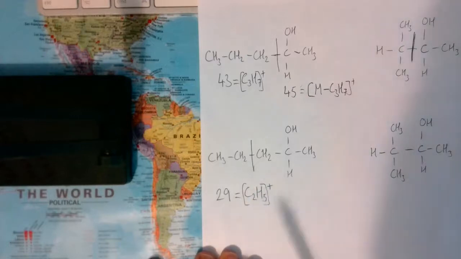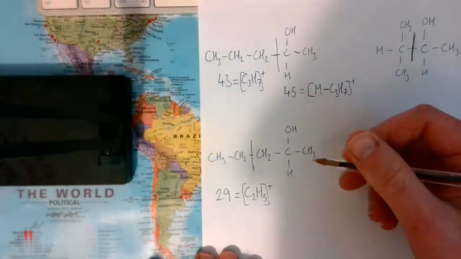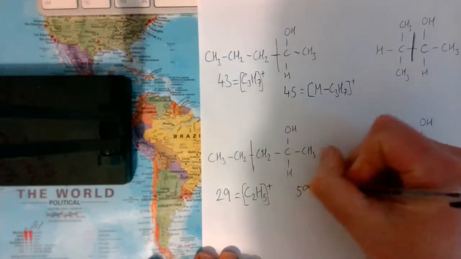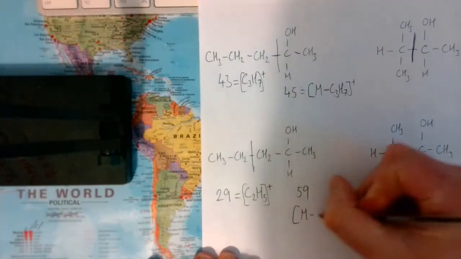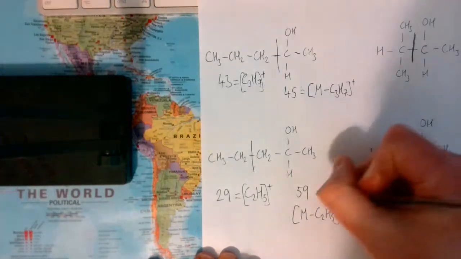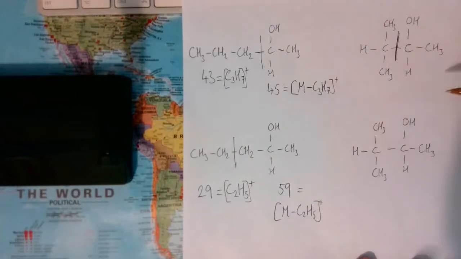So for the pentan-2-ol, you could get a peak at 29, and then if I take 29 away from 88, then we will get a peak of 59, which is M minus C2H5. But for our 3-methyl-butan-2-ol, there is no way to get a peak at 29.